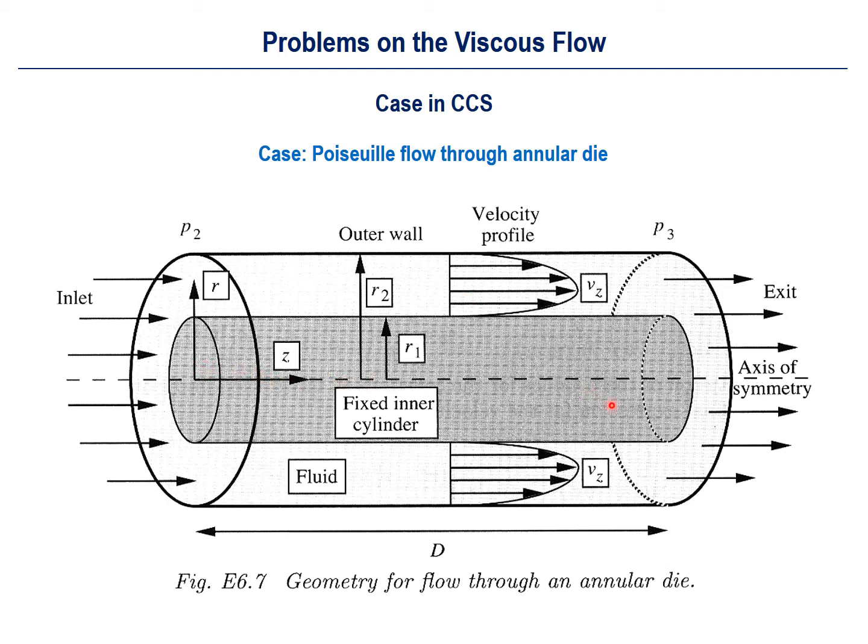However, this case is like a cylinder, and therefore it's natural to select the cylindrical coordinate system, or CCS, instead of the rectangular coordinate system, RCCS. So for this problem, we're going to select the CCS to solve the Navier-Stokes equation.